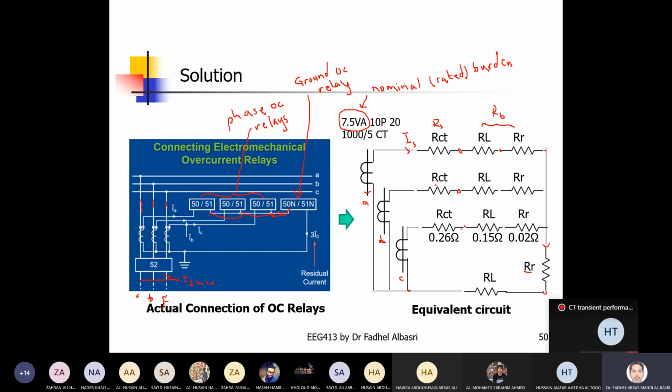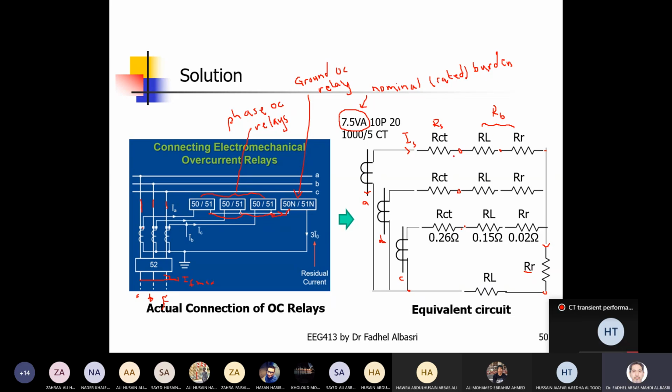Now at that current, what will be the neutral current for a three-phase fault? This current will be zero, because it is symmetrical, so the summation of currents is zero. So during a three-phase fault this will not be considered. There is no current path here, so only the burden for each CT is in this path.